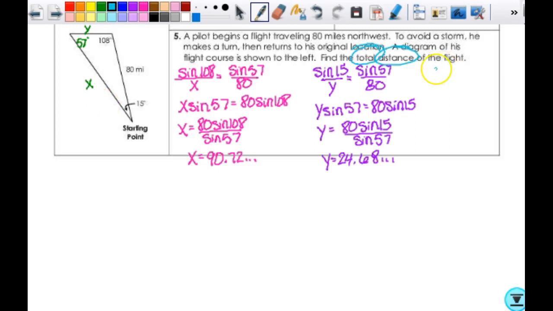So my total distance is just 80 plus x plus y. And that's what I can do in my calculator. I do 80 plus recall x plus recall y, hit equals, and I can say that the total distance equals 195.409 miles.